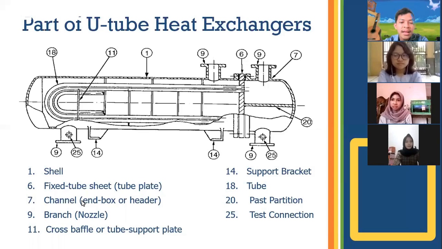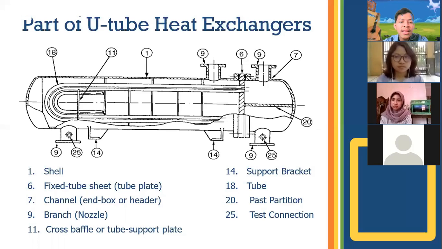Number 14, the support, serves as a guide for the U-tube exchanger. Number 18, the tube. The tube is an interface between the two types of fluid flowing in it and also serves as the heat transfer surface.